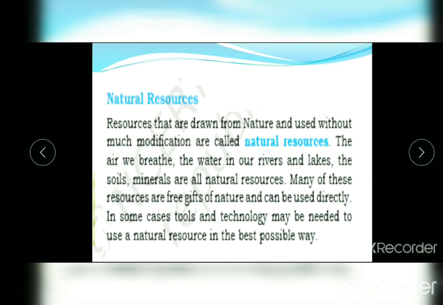Many of these are free gifts of nature and can be used directly, like fruits, vegetables, or sunlight. We can use sunlight directly. In some cases, tools and technology may be needed to use natural resources in the best possible way.